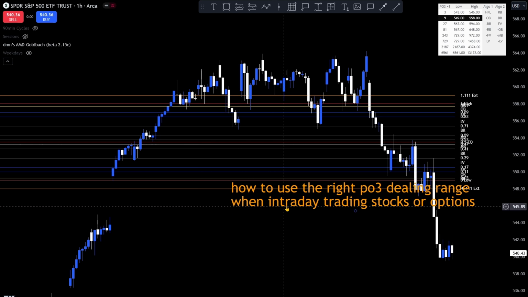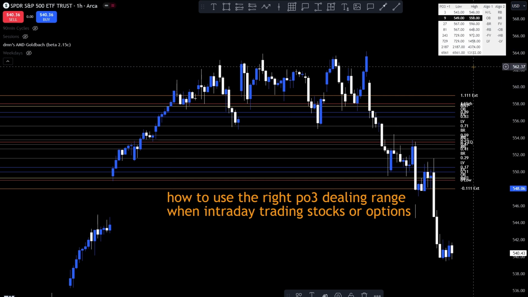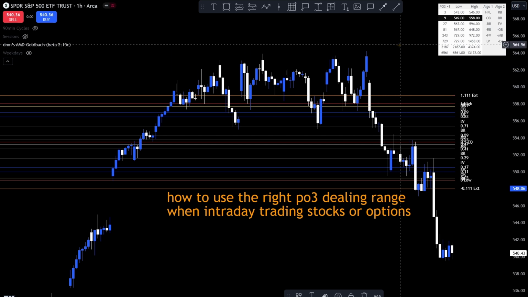And so remember what I talked about with your gold back levels. Dealing ranges are printed or invisible underneath your candles. These are always going to be influencing price. Doesn't matter where it is. It could be at $1,000 for SPY, and it's still going to have gold back levels above you. Do you see what I mean?